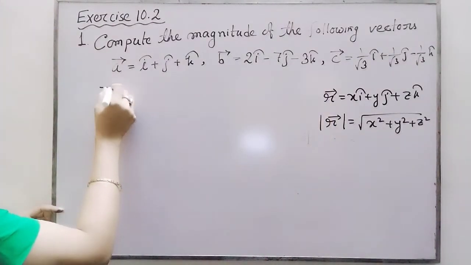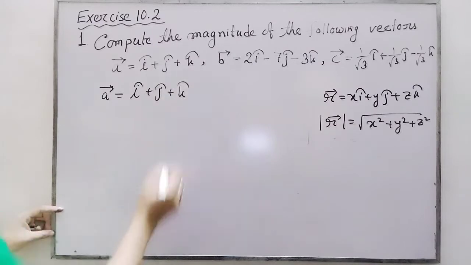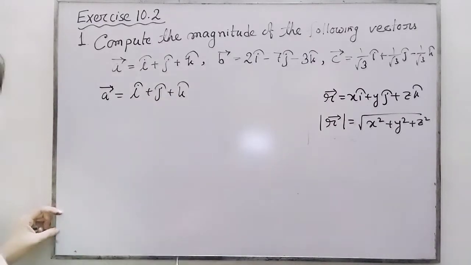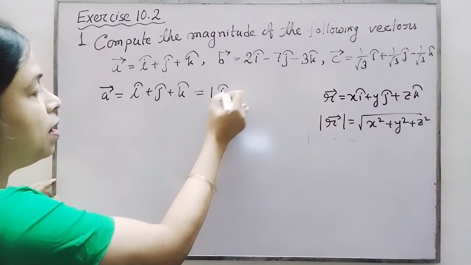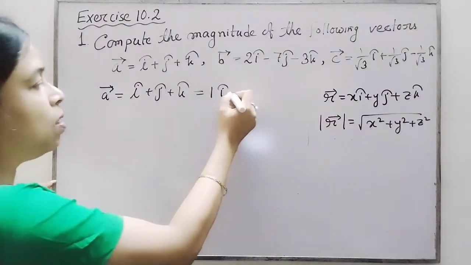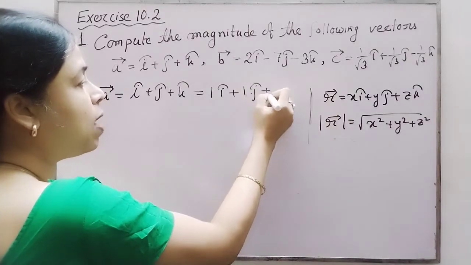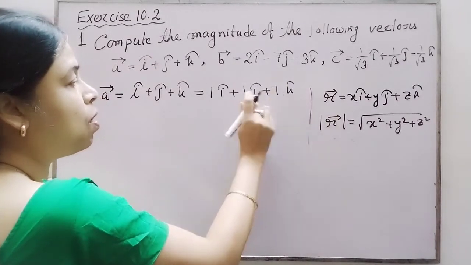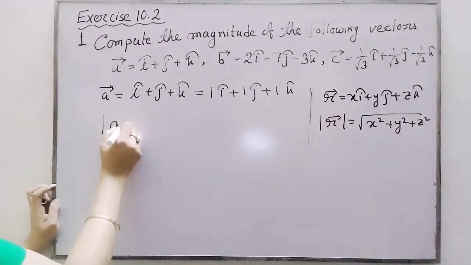Okay, so here I will start the solution now. Your first one is a bar equal to i cap plus j cap plus k cap. In this case, what are the coefficients of i cap, j cap, k cap? Here you see 1; you can think of it as 1 into i cap, 1 into j cap and 1 into k cap. Without writing also we can do it directly.